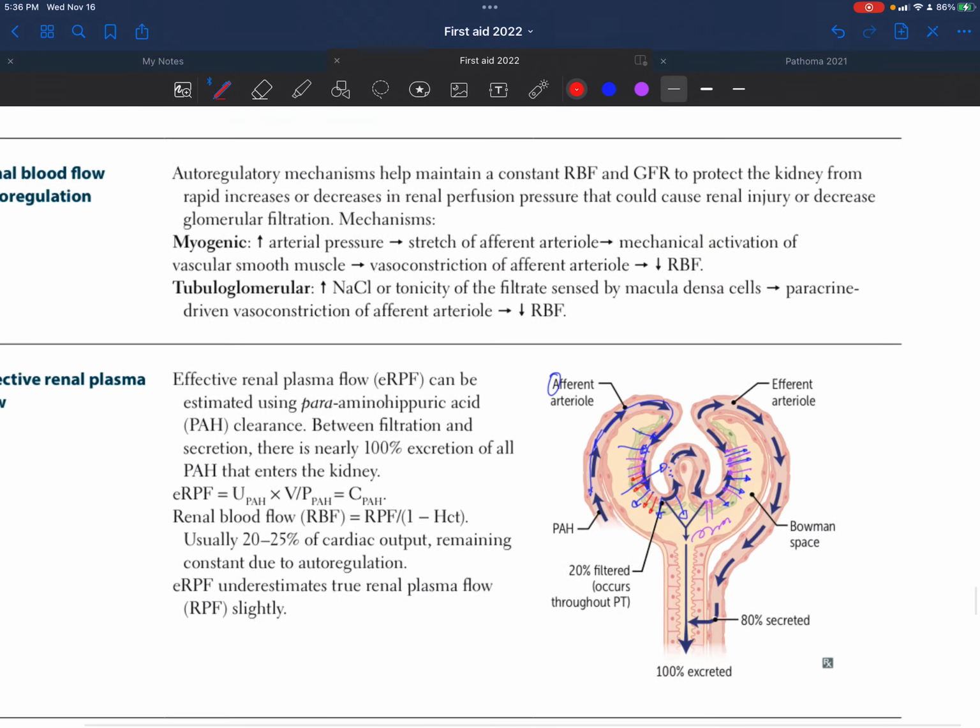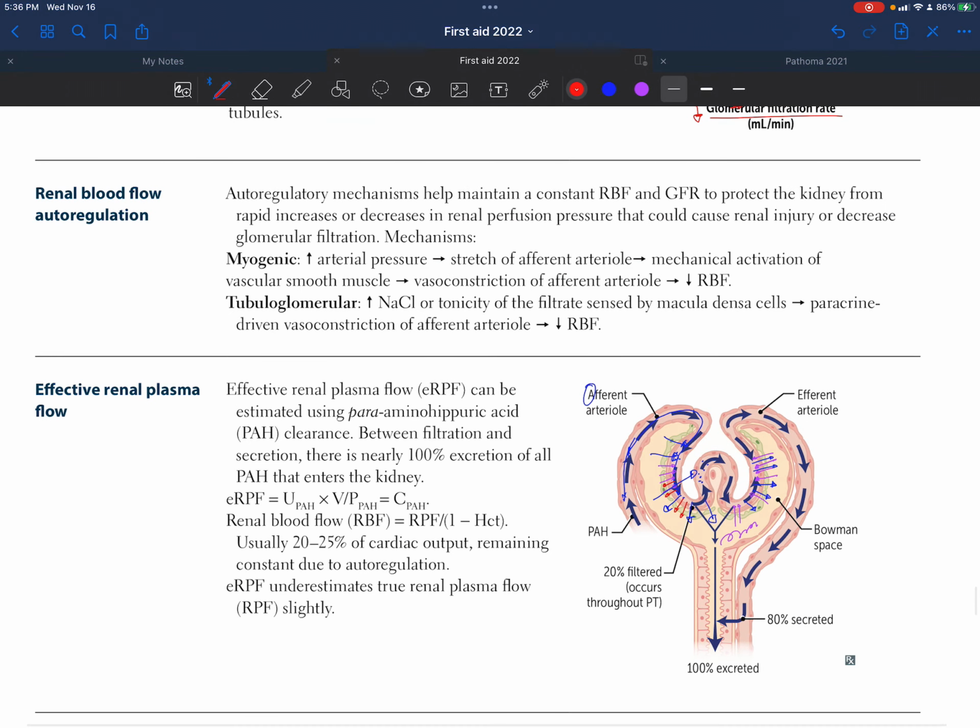So, for renal blood flow autoregulation, regardless of the problems that occur all over the body, the kidneys have their own way of trying to keep things safe. They have autoregulatory mechanisms.